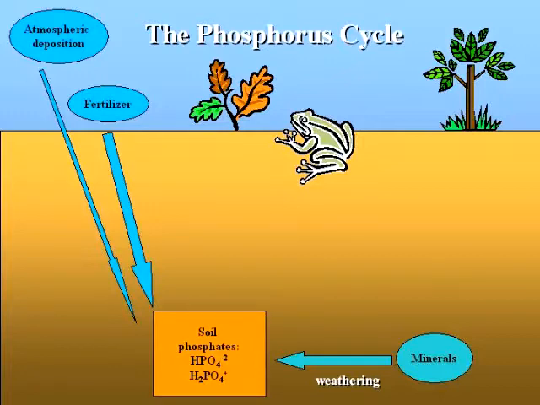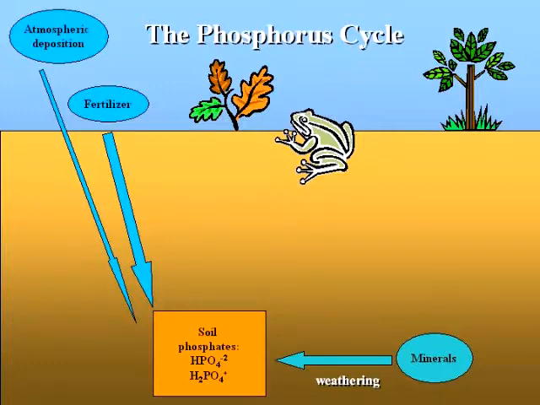One other kind of input would be a human-related input, fertilizer. And fertilizer can be mined from mineral sources, but it can also be produced from organic sources. Animal manures, particularly things like bird manure, chicken manure, are rather high in phosphorus.